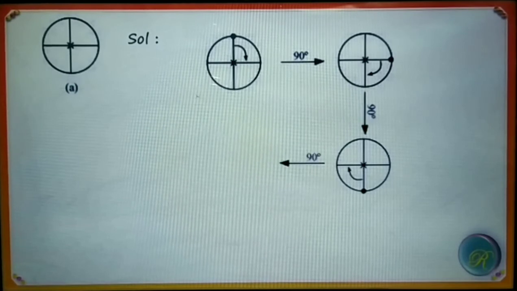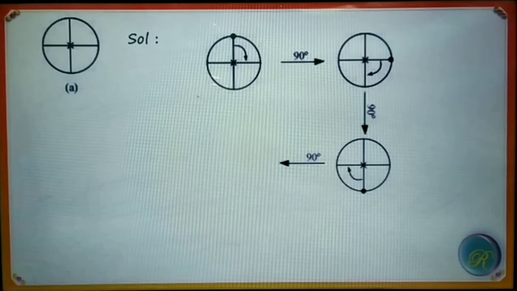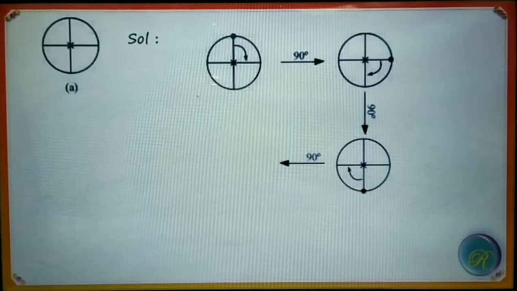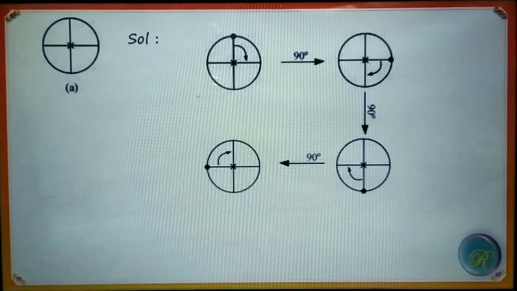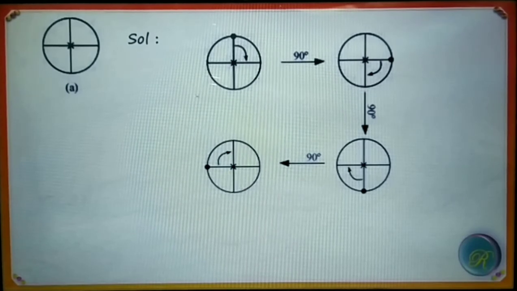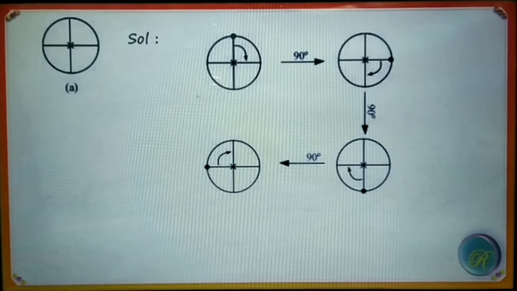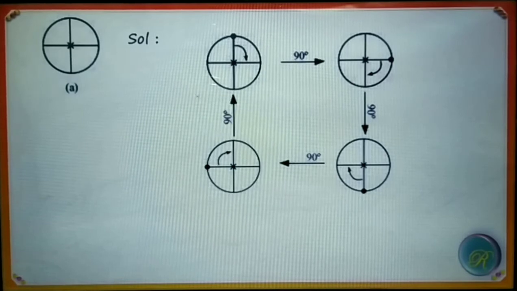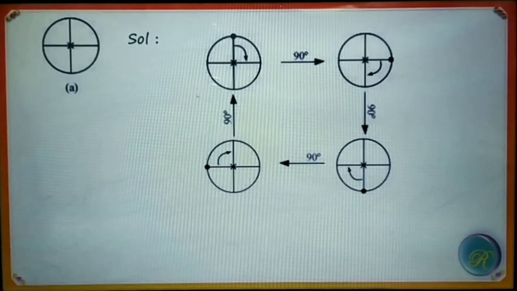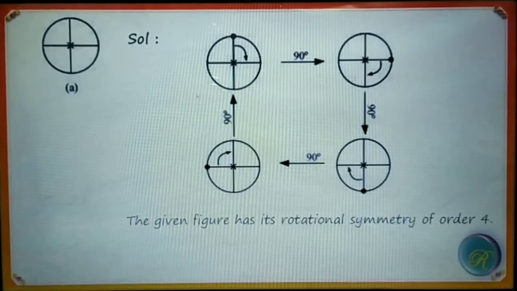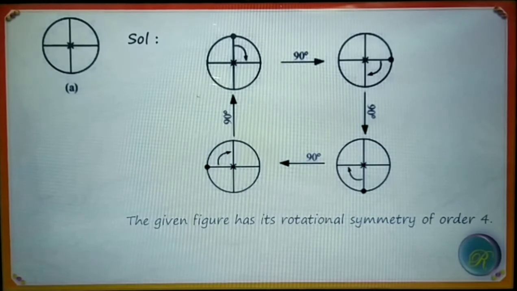Again, when you rotate by 90 degrees in a clockwise direction, then you will get this figure. Again, when you rotate by 90 degrees in a clockwise direction, then you will get the original position. Therefore, the given figure has its rotational symmetry of order 4.